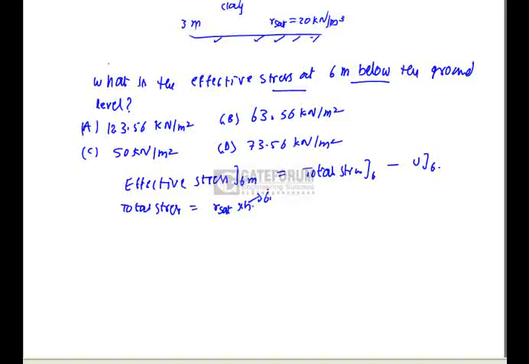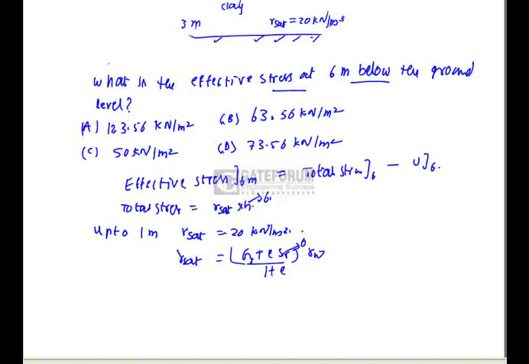But here we have to find out the gamma saturated. We know up to 1 meter depth, the gamma saturated is equal to 20 kilonewton per cubic meter from the previous question. And below the water table, gamma saturated is equal to G plus eSr into gamma W by 1 plus e.